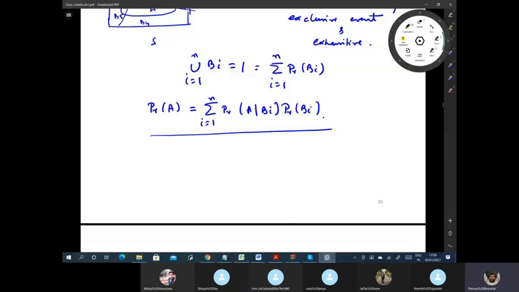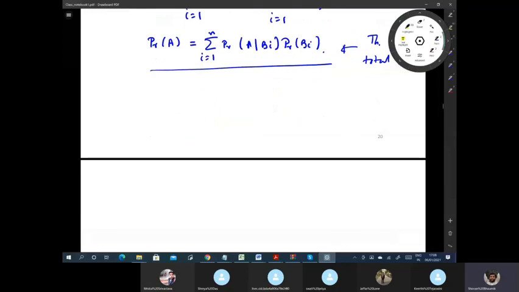With the help of this theorem, we can prove the Bayes theorem, which is a little more complicated with those number of B's. This is also Bayes theorem, which is generally used very frequently.